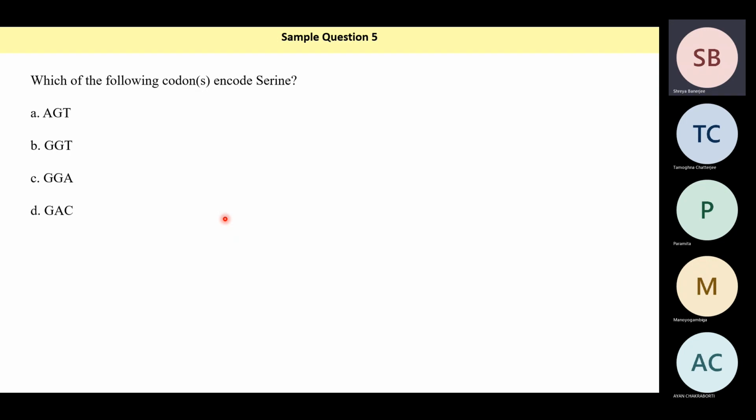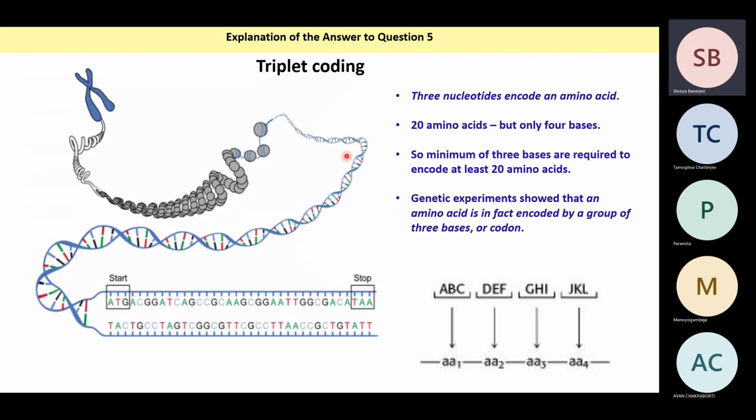I think I'll discuss this answer. So basically, the correct answer is A. There is something called triplet coding, which is basically in DNA, 3 nucleotides code for 1 amino acid. So there are 20 amino acids, but only 4 bases: adenine, thymine, guanine, and cytosine.